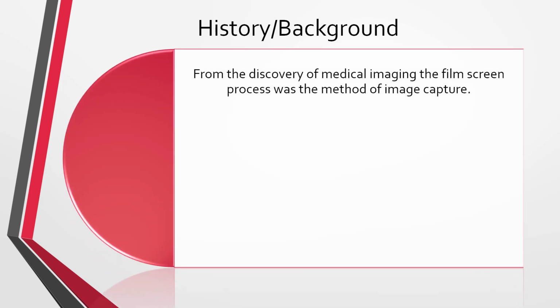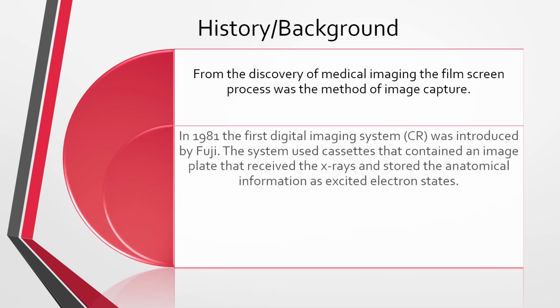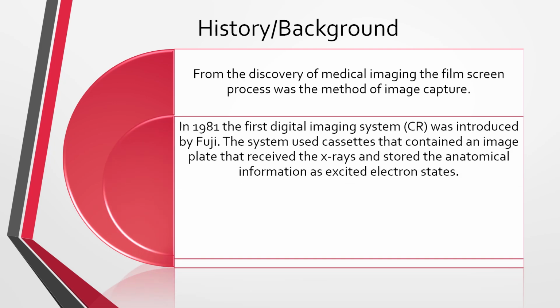We will start with the background on how digital radiography came to be. From the discovery of medical imaging, the film screen process was the method of image capture. So this is with old films that you would hang up. In 1981, the first digital imaging system, which is CR, was introduced by Fuji.